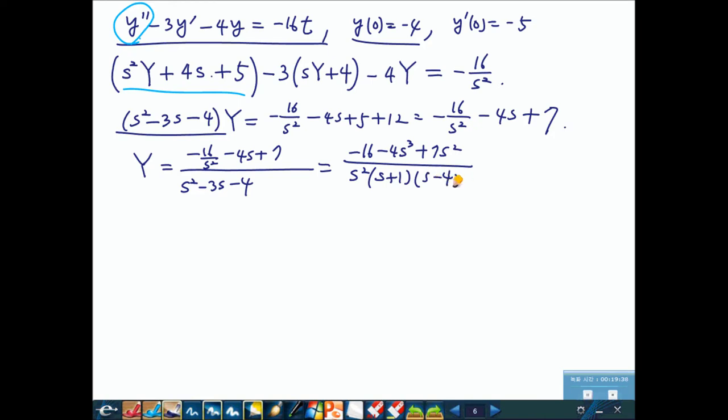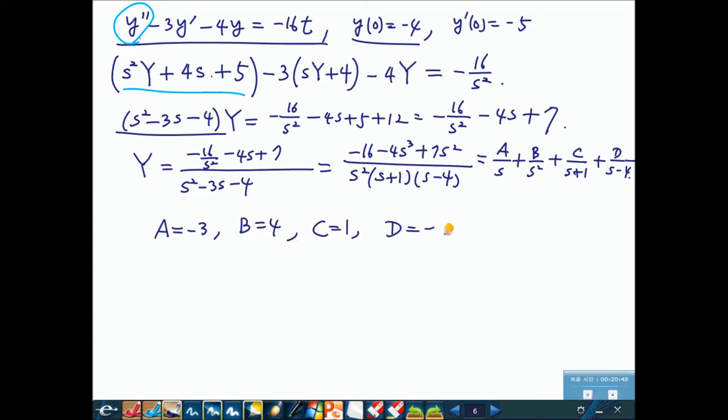Right. And partial fraction of this: A over s plus B over s square plus C over s plus 1 plus D over s minus 4. And let me skip that calculation. A is minus 3, B is 4, C is 1, D is minus 2. Okay?